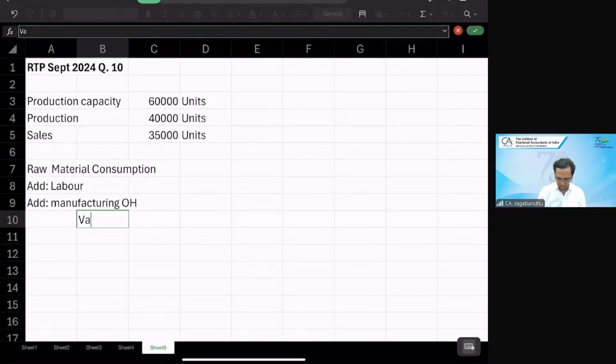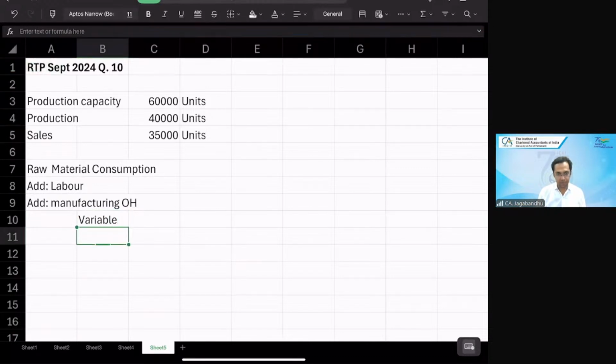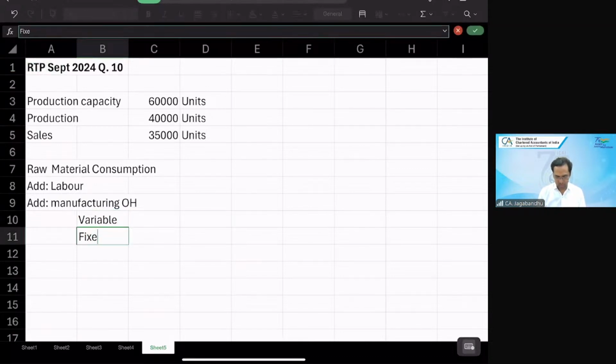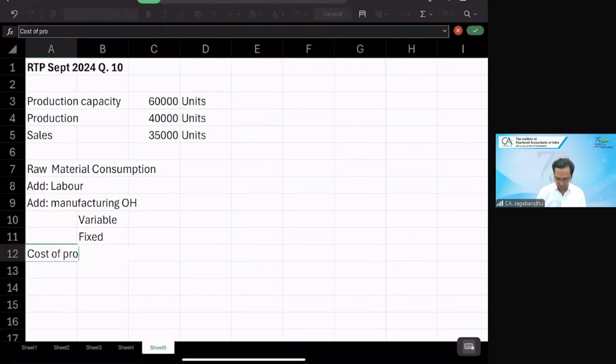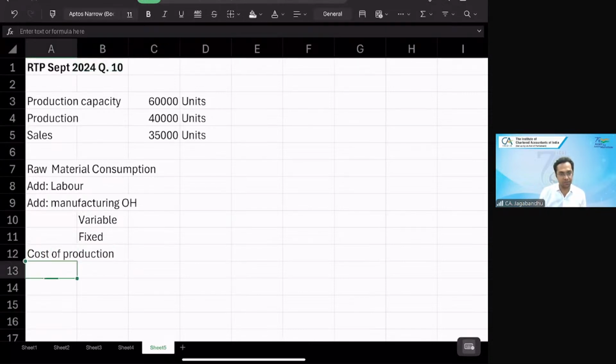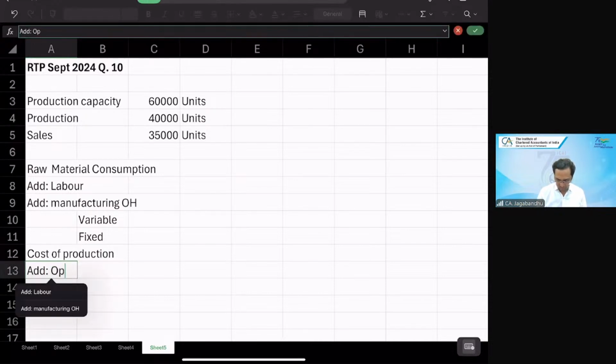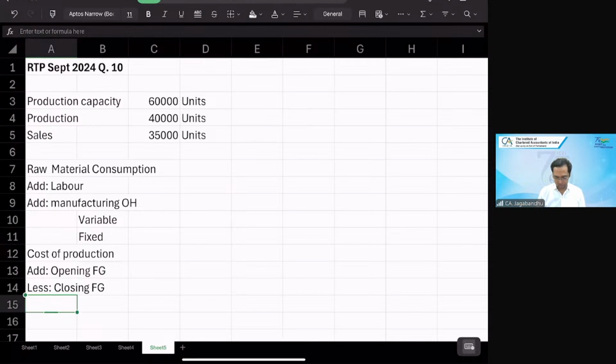One is the variable and other is the fixed, right? So that will give you cost of production, right? Then you will say add opening finished goods less closing finished goods. That will give you COGS, right?